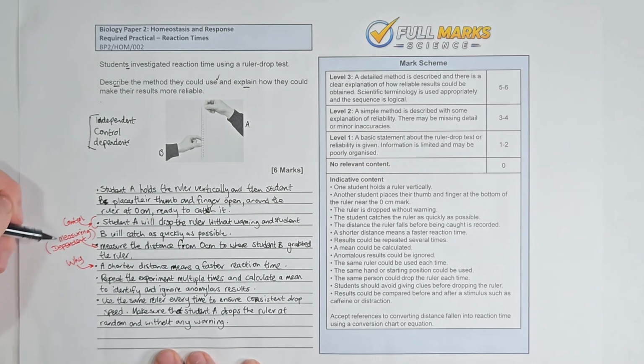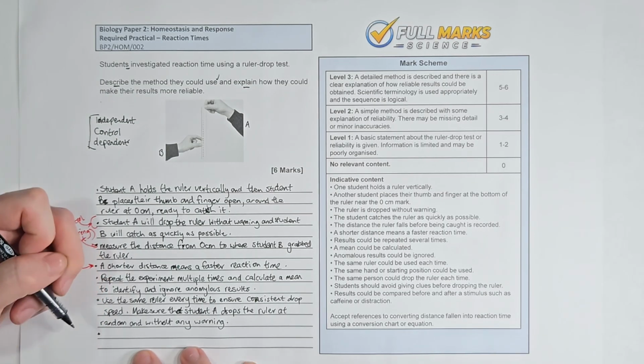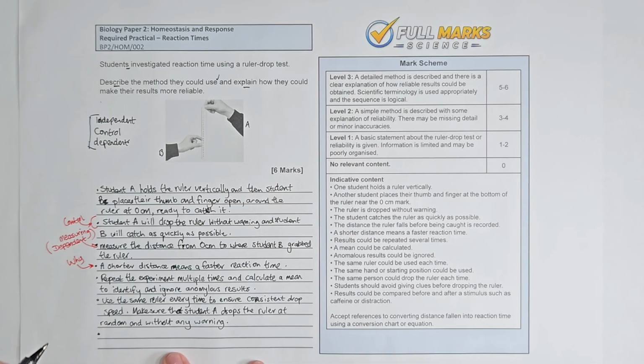So we could also mention this. We've got our control, we've got our dependent. So I am just going to add independent variable in here anyway, because it's going to improve our experiment. We're talking about making it more reliable, but it's an improvement either way.